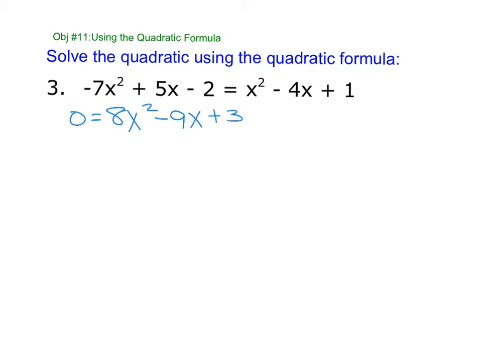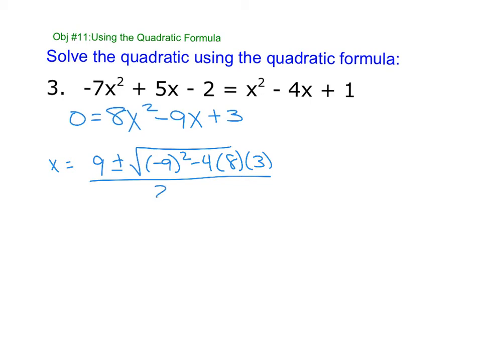Ooh. So negative b, 9 plus or minus b squared minus 4ac all over 2a. All right, so we got 81 minus 32 times 3 is 96.